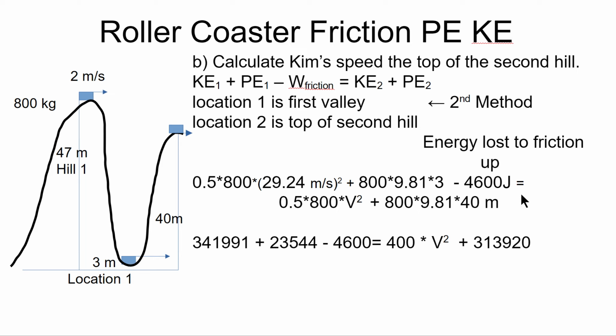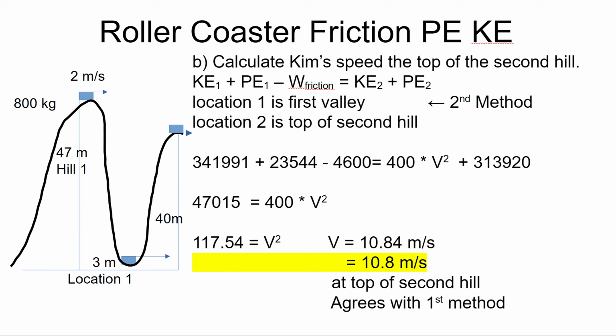So we don't subtract the 5,000 joules again. That was energy lost on the way down to location 1. And 1/2 mv squared, mgh, calculate those terms, and I'll copy that to my next slide here.